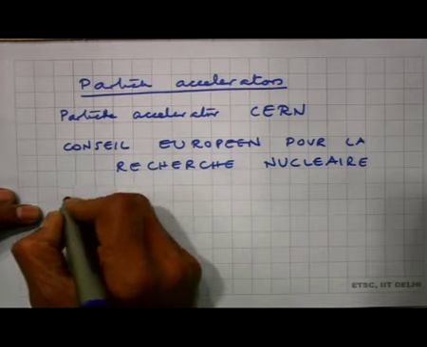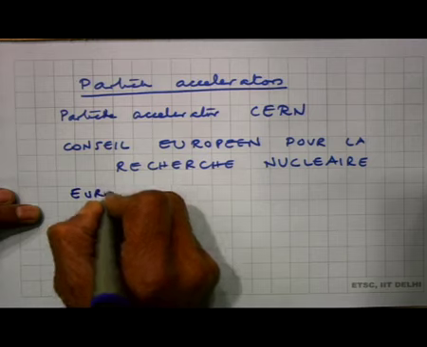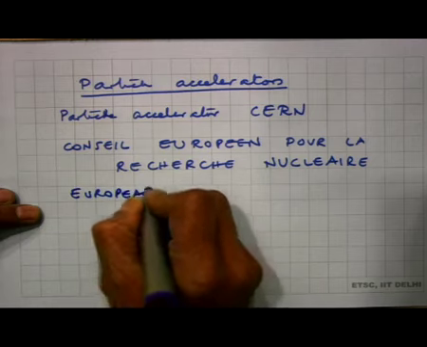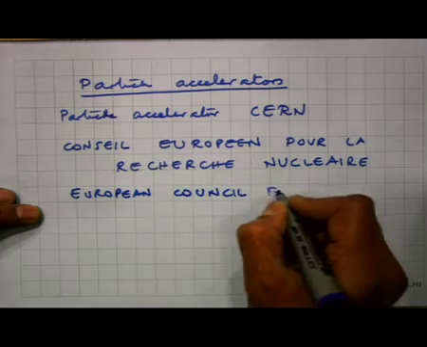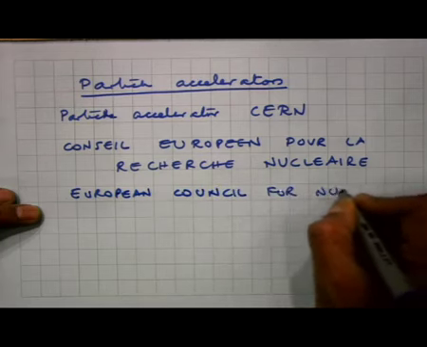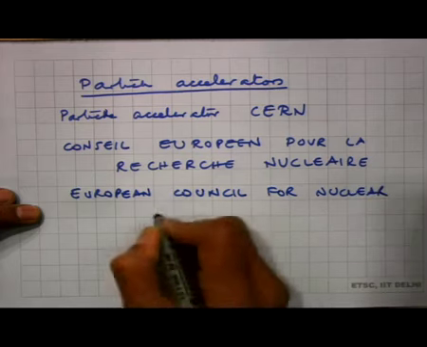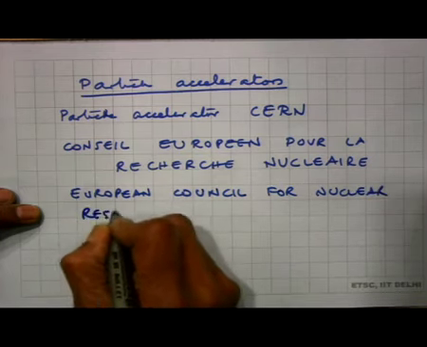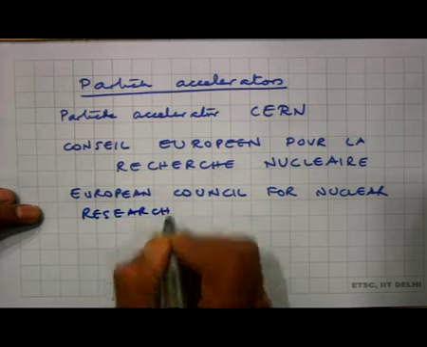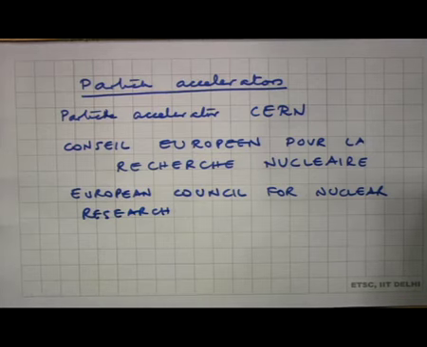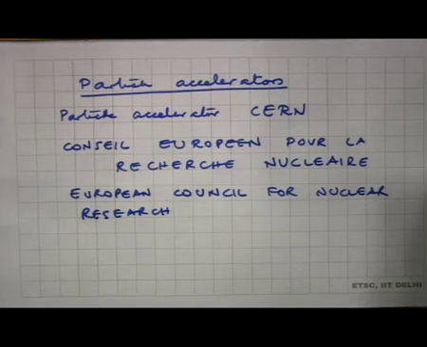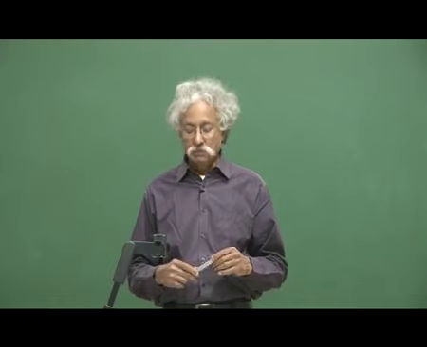It's in English, the European Council for nuclear research. This is an accelerator which is in Geneva, on the border between France and Switzerland, and it's an accelerator which is used to accelerate protons.